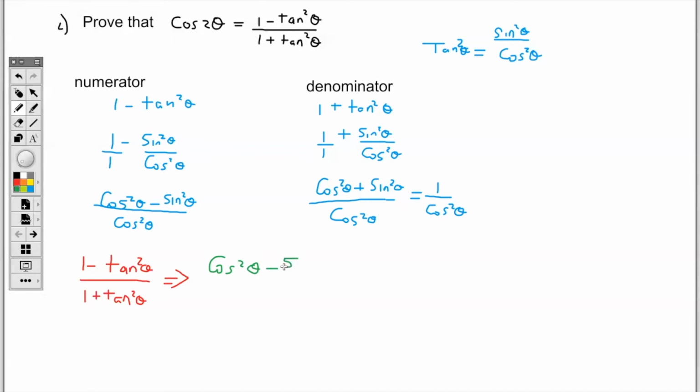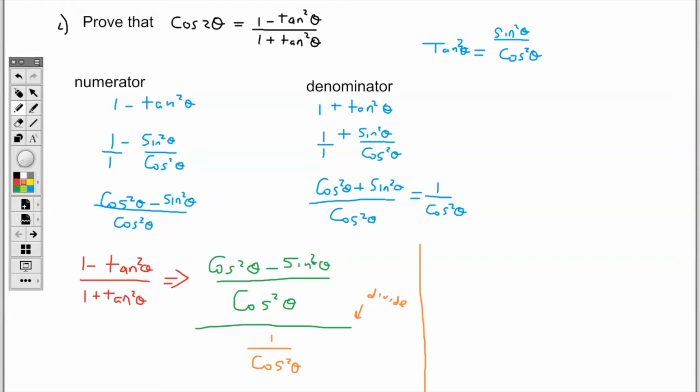Now replacing the numerator, for the numerator I have cos squared theta minus sine squared theta all over cos squared theta, divided by, in the denominator, 1 over cos squared theta. Now this line means divide.